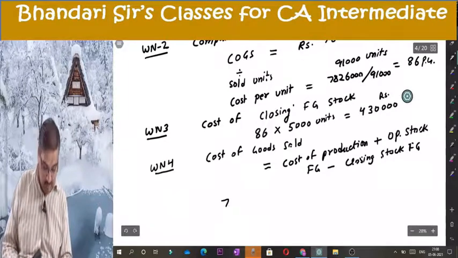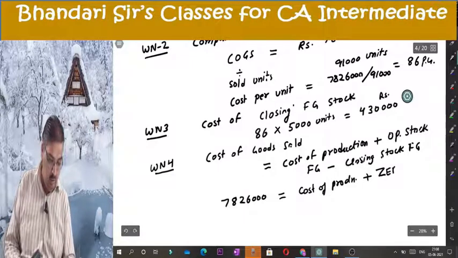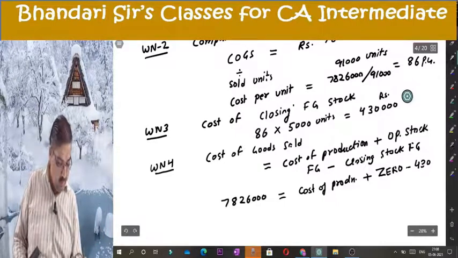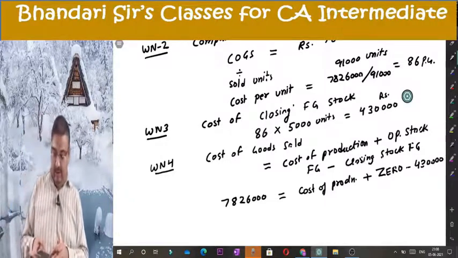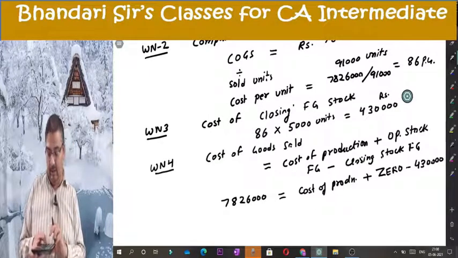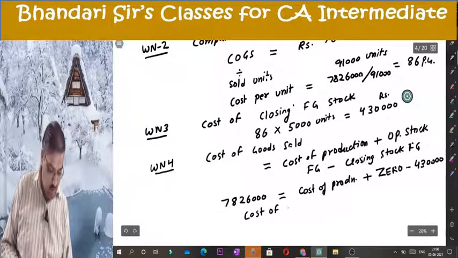Now cost of goods sold was 78,26,000, which is equal to cost of production plus 0, opening stock is 0, value will also be 0, minus 4,30,000. When this 4,30,000 goes on the left hand side, it is added. I am getting cost of production is equal to 82,56,000.